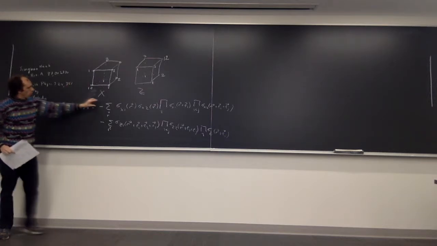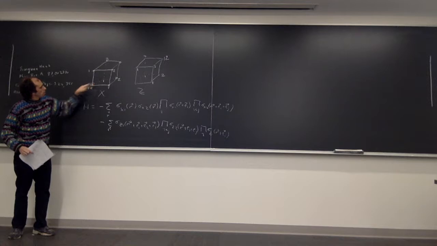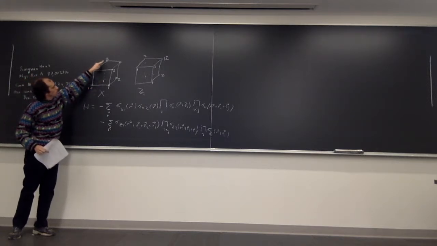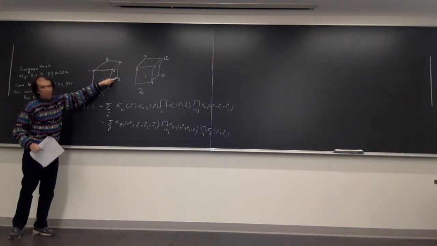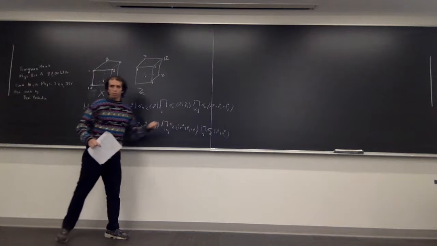So each term has 1 factor of sigma x1 and 1 factor of sigma x2 for this corner, then 3 factors of sigma x1 for the corners 1 unit vector over, and then 3 factors of sigma x2 for the corners that are 2 units over. And a similar thing for sigma z.